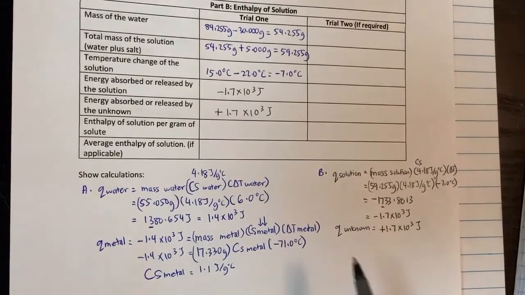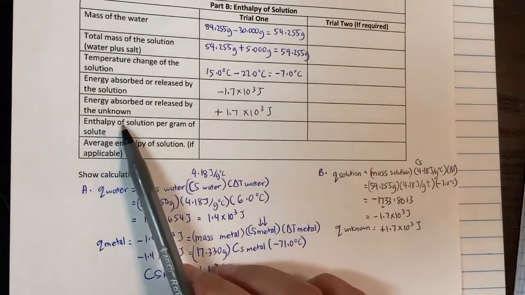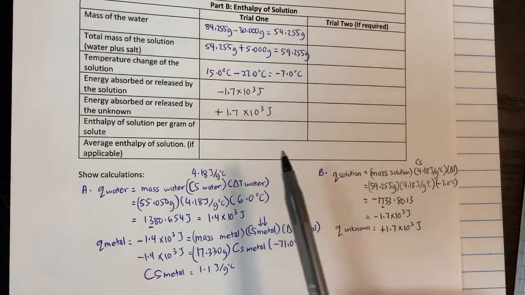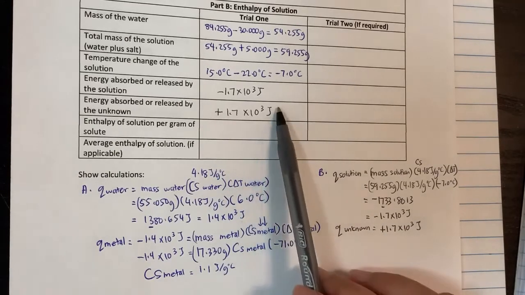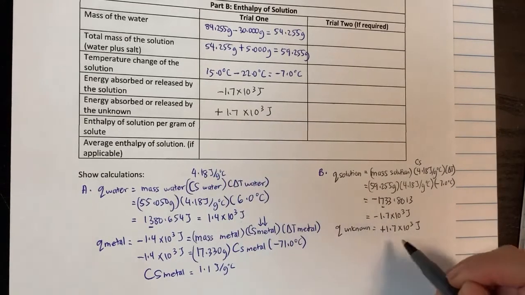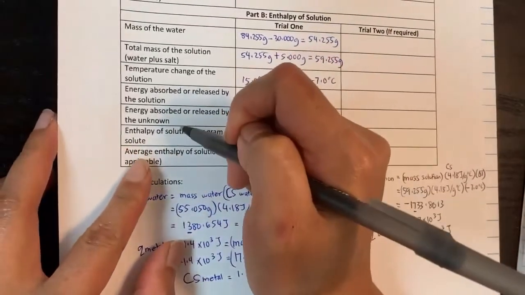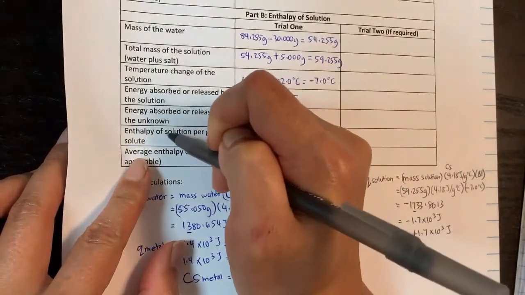Now let's get the enthalpy of the solution per gram. All we do is take the positive value over here; they really mean the enthalpy of dissolution, the process of dissolving.